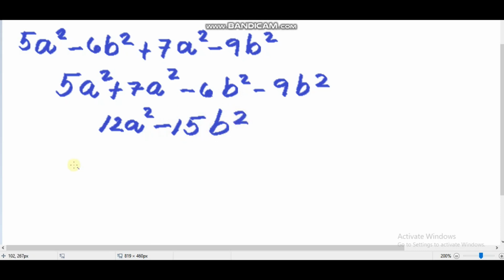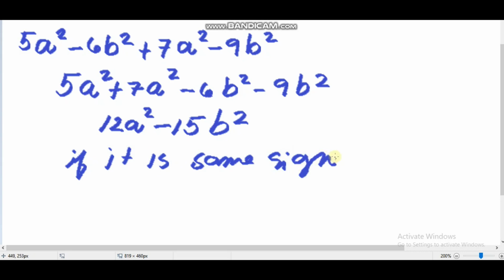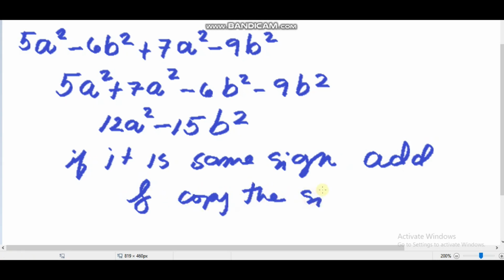So our rule here, if it is the same sign, what you're going to do is simply add and copy the sign. Same here, we simply add 5 and 7, which is 12.